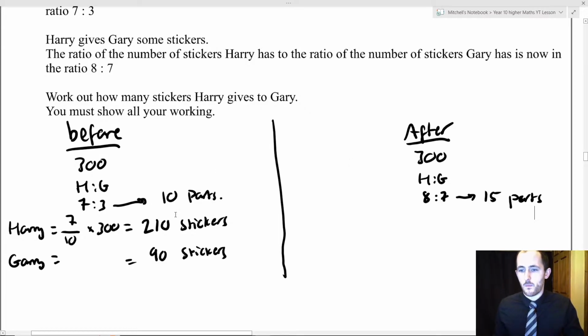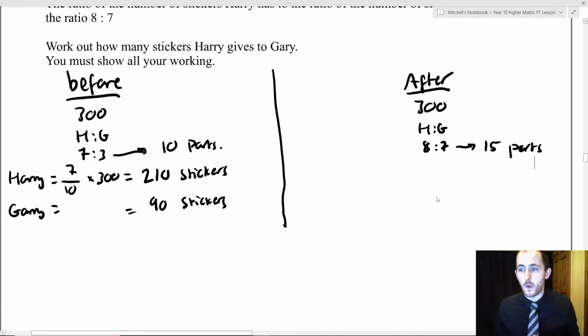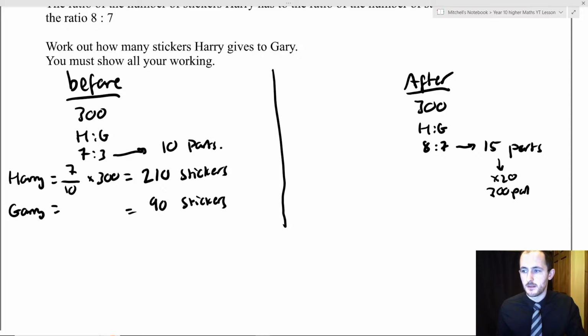If we want to work out exactly how many stickers they have, one way which I'm quite partial to is if we have 15 parts, right? What if I make this ratio equal to 300 parts? So how can I go from 15 to 300? I can times the whole thing by 20 to get 300 parts. So I'm breaking up 300 stickers into 300 parts. That will give me the exact number each of them have.